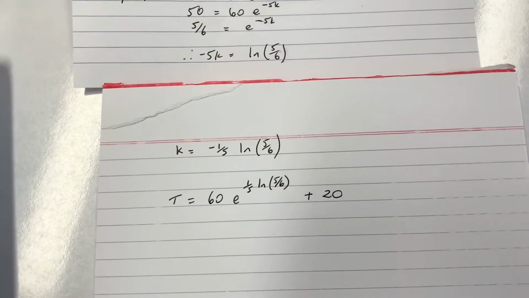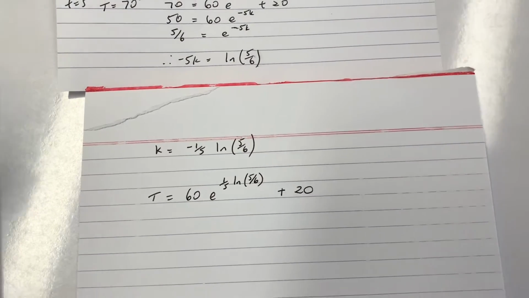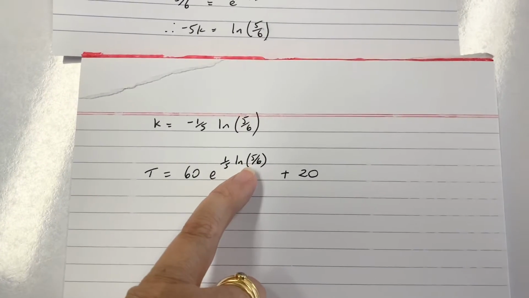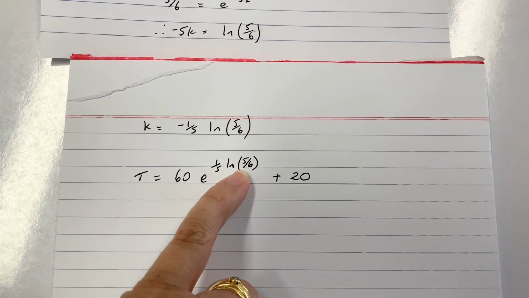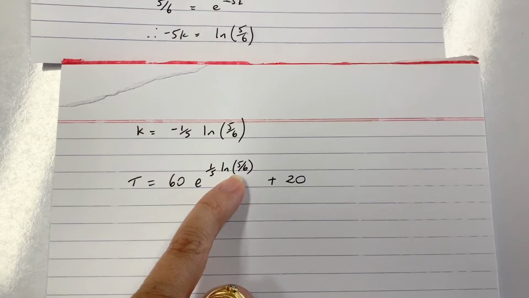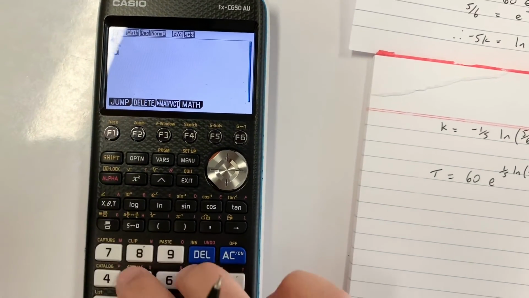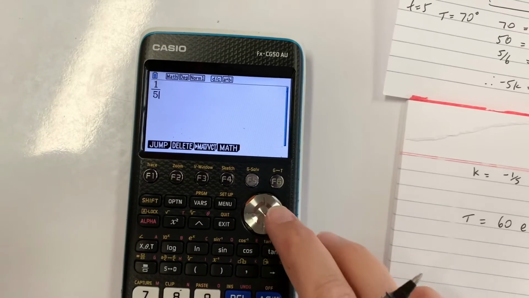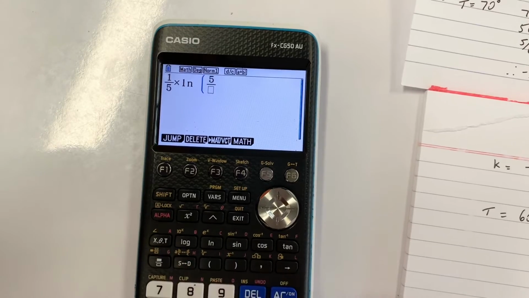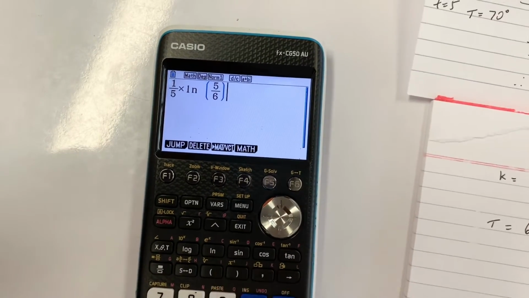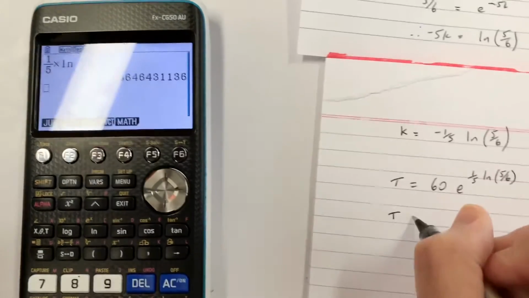Now, I know there was talk, because we said, well, what's happening with the negatives? But we know because this log is a log of a fraction, that actually will be negative. We can work out what that is. If we go into our calculator and we go 1/5 times ln in bracket 5/6, that's approximately, so we can write it over here.